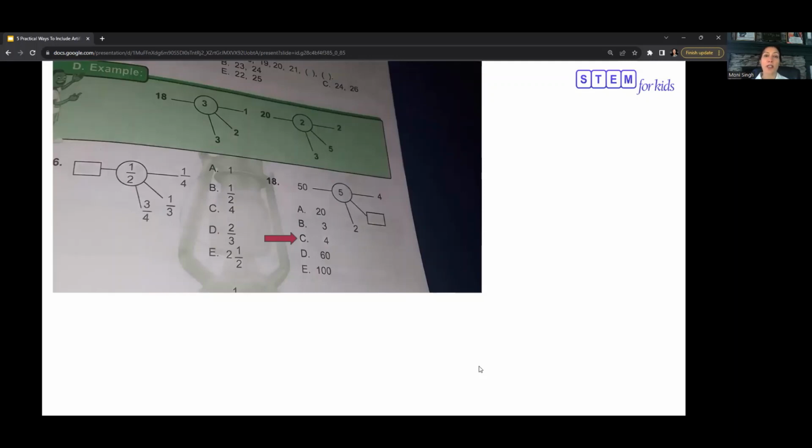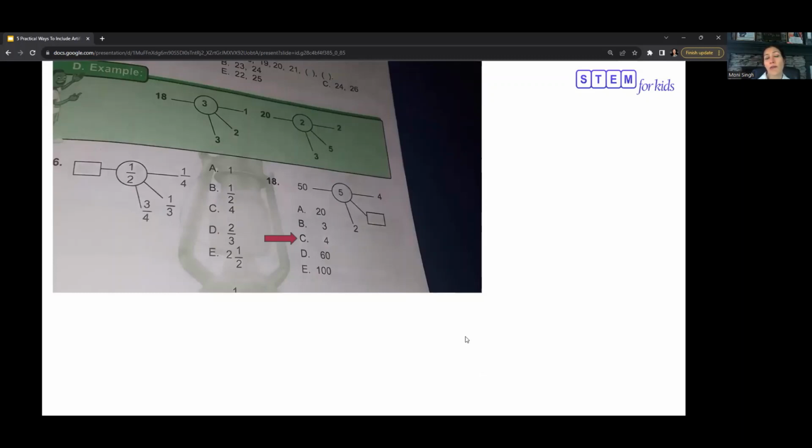So that's your left hand side. Same thing over here. If you look at question number 18 now, it will be 5 times 2, which is 10, 5 times 4, which is 20. So that's 10 plus 20, that's 30. We need the answer to be 50. So we need a multiplier which will give us 20, and so that's 4. So the answer is C.